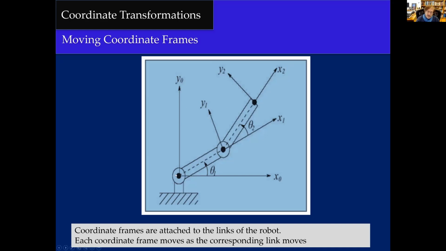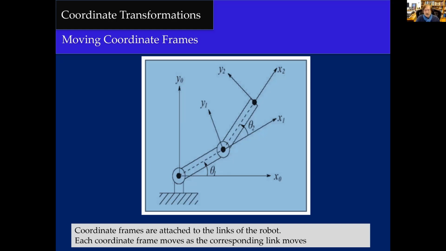This is reference frame 0, which is fixed, but these ones are moving because where they are fixed are the joints, and as joints move, they are also moving. So we call them the moving coordinate frames or moving reference frame. So we entered now another new term.